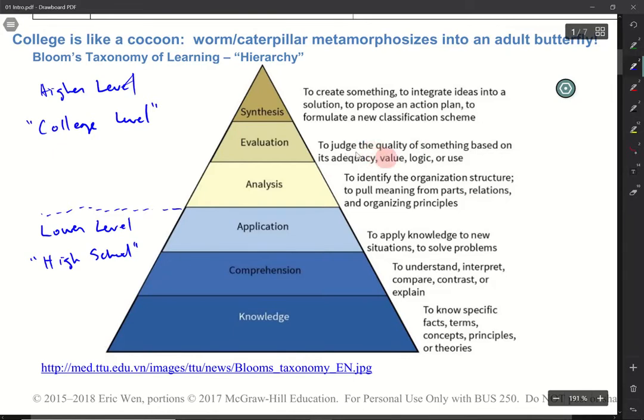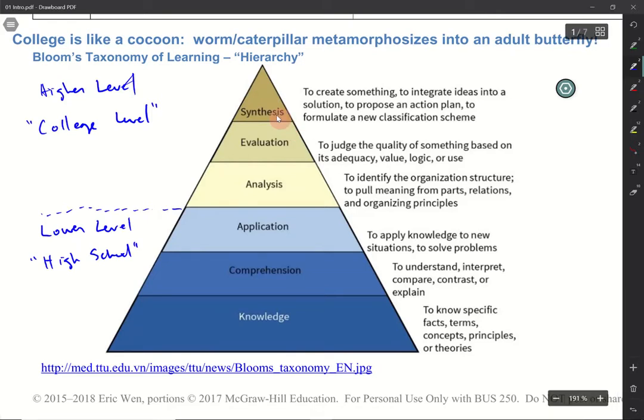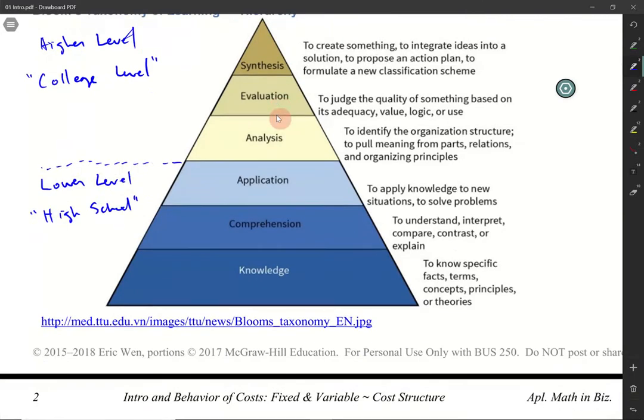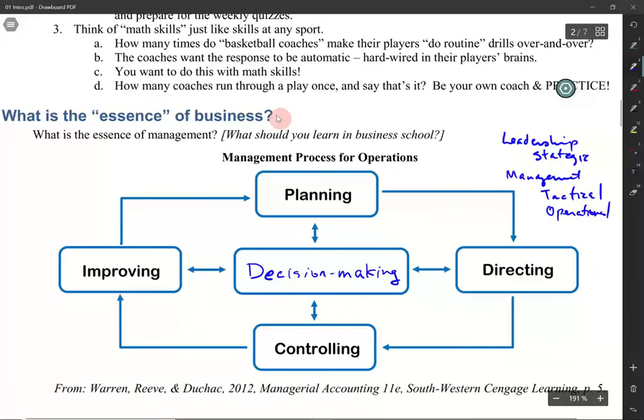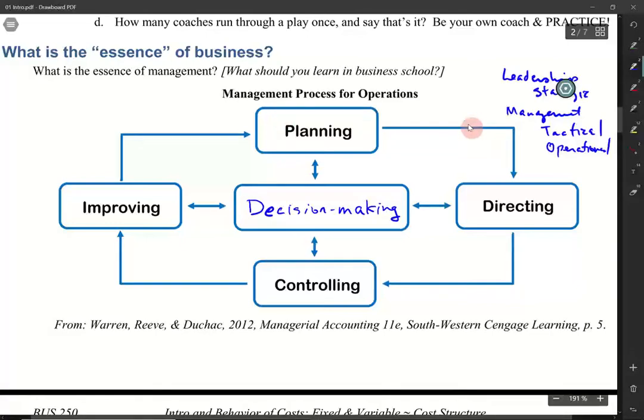Evaluating something based on the quality, right? So decision making is either at this level or at this level. It's pretty high up there on Bloom's taxonomy, okay? And so that's where you want to be, that's where you want to get to in the business school. And then from the manager level, if you can do really well at that, you can do the leadership level.